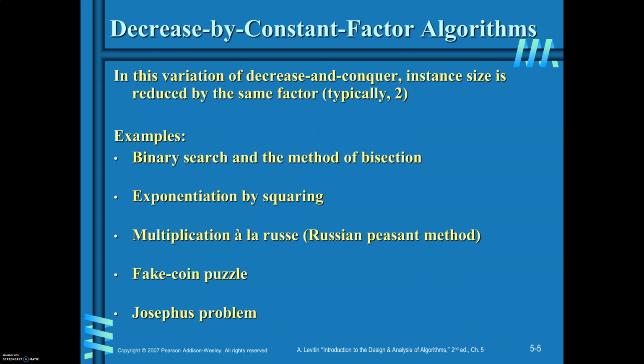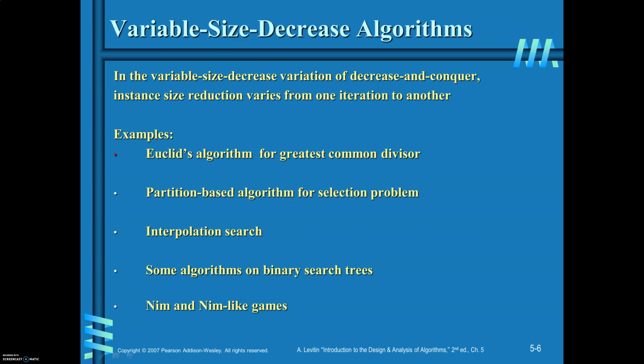Now we'll see what is decrease by constant factor. The name itself suggests that in every iteration, the problem size is reduced by a constant factor. But here the problem size reduction is not constant, it's variable.